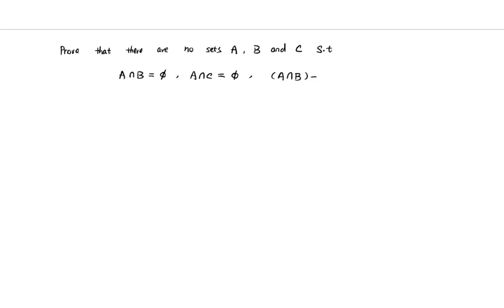Prove that there are no sets A, B, and C such that A intersect B equals the empty set, A intersect C is the empty set, and A intersect (B minus C) is the empty set.